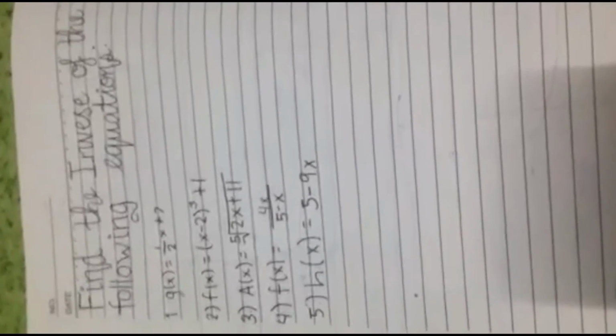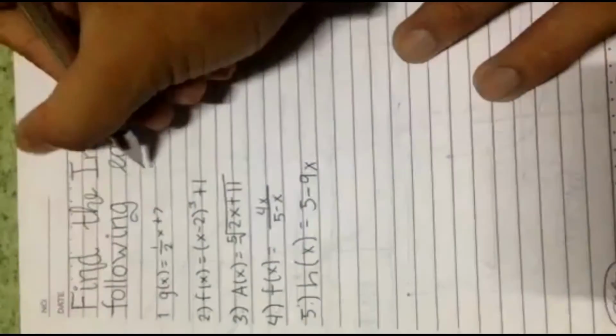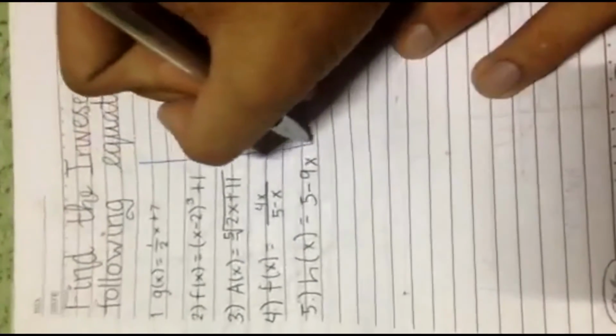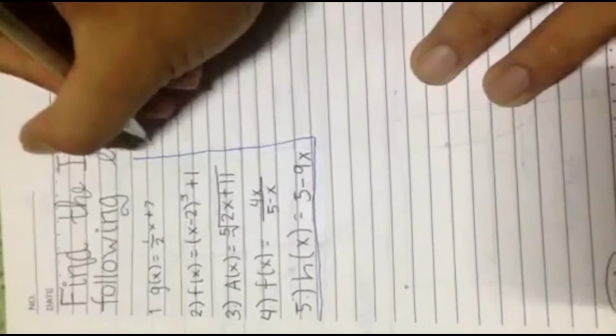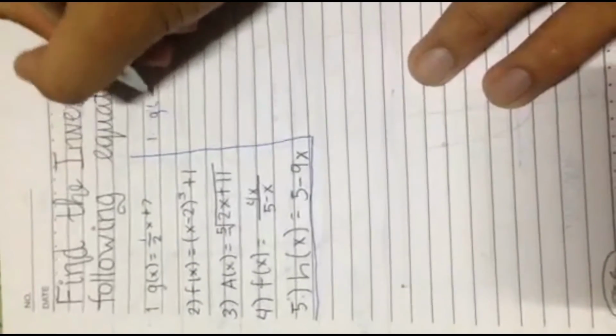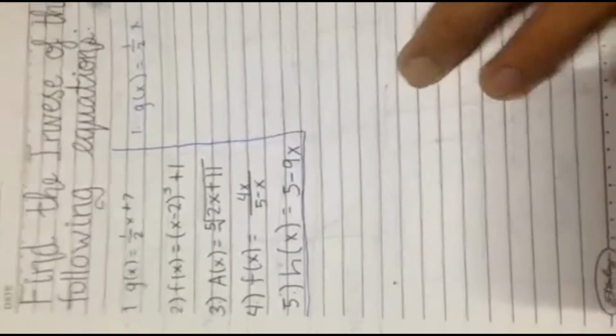Now, find the inverse of the following equation. I'm going to teach you how to solve it. Okay, number 1, g of x is equal to 1/2 x plus 7.